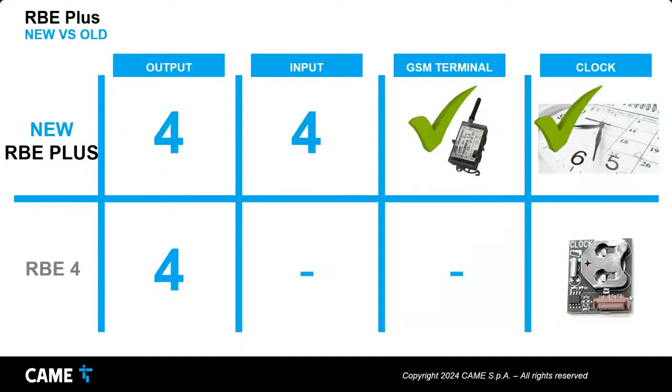When we talk about the number of outputs, obviously 4 have been used as per the RBE4. So 4 outputs, but we have also given the possibility to have 4 inputs.